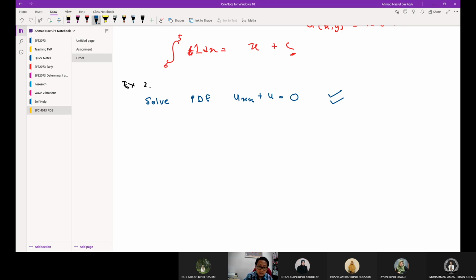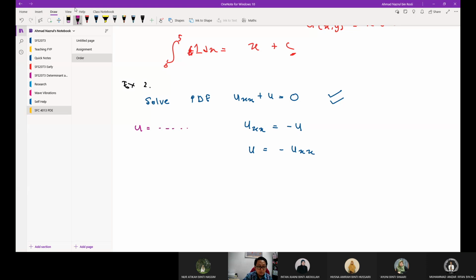To make it easier for you to understand, means that uxx is equal to minus u, ataupun u is equal to minus uxx. It means that you have another function which is u with another value.